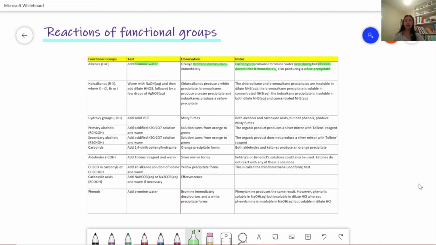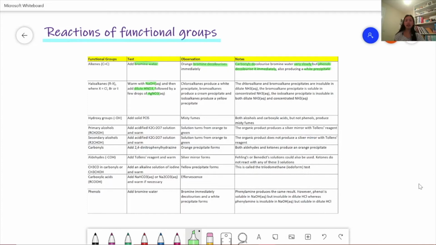And then looking at haloalkanes, the general formula we have is an R group, so an alkyl group, and then an X. So the X will be a chlorine, a bromine, or an iodine. So fluorine isn't counted. And what we do to test for haloalkanes is we warm it with some sodium hydroxide, which is aqueous, and then add some dilute nitric acid, and then we add a few drops of silver nitrate.